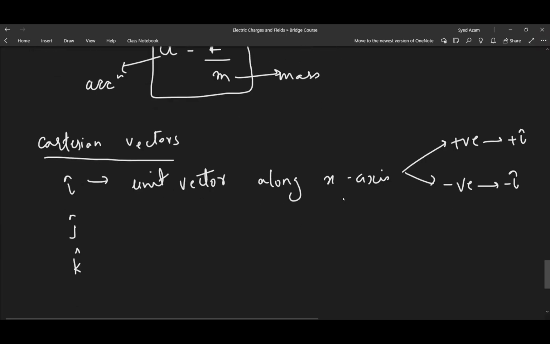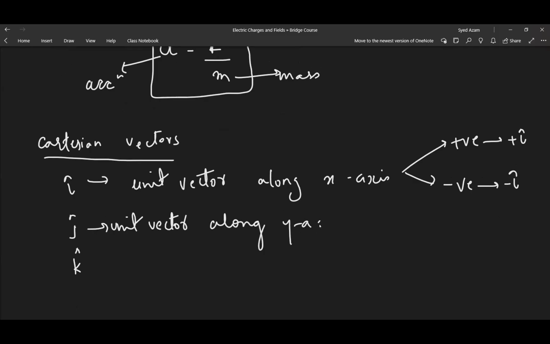Similarly, j cap is the unit vector along the y-axis. If this is positive, it is plus j cap. If this is negative, it is minus j cap.